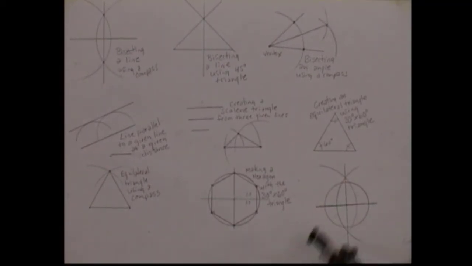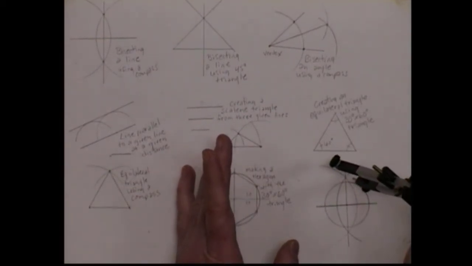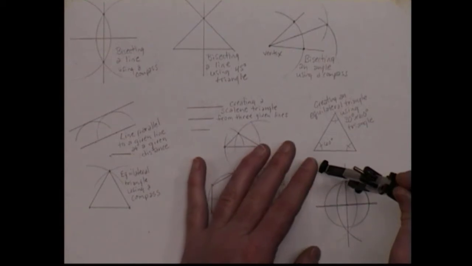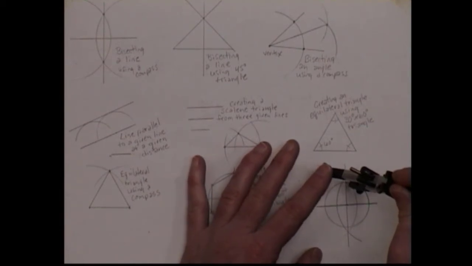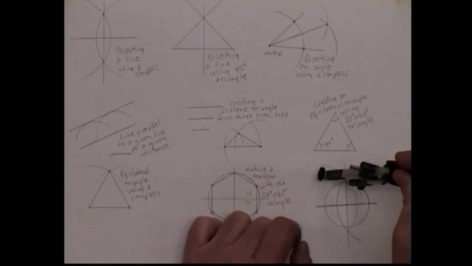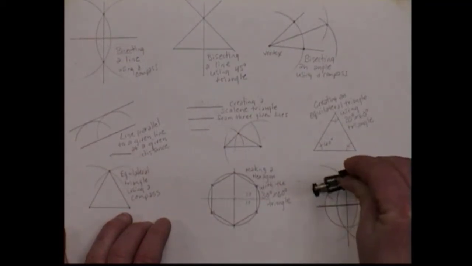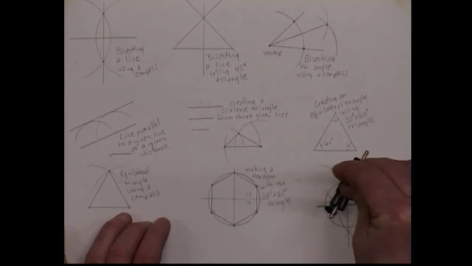But you're going to start, really you could start anywhere you wanted to on this circle. But just for convenience sake, we'll start in this quadrant. We'll put our needle in that top quadrant. And we're just going to strike an arc around that circle.